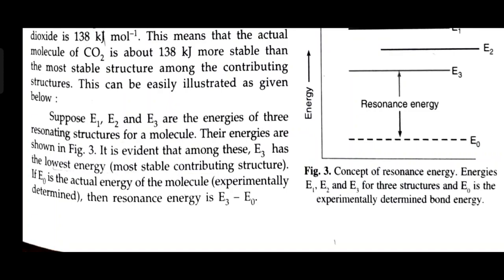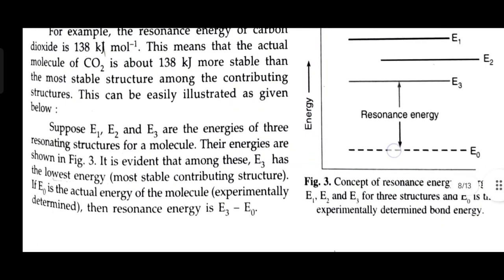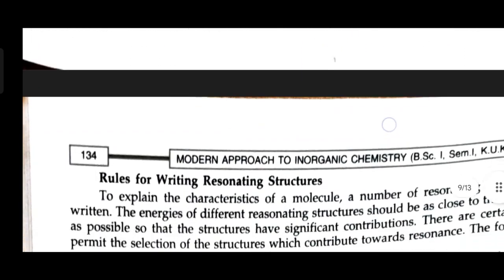Their energies are shown in figure number 3. It is evident that among these, E3 has the lowest energy, the most stable contributing structure. If E0 is the actual energy of the molecule experimentally determined, then resonance energy is E3 minus E0.